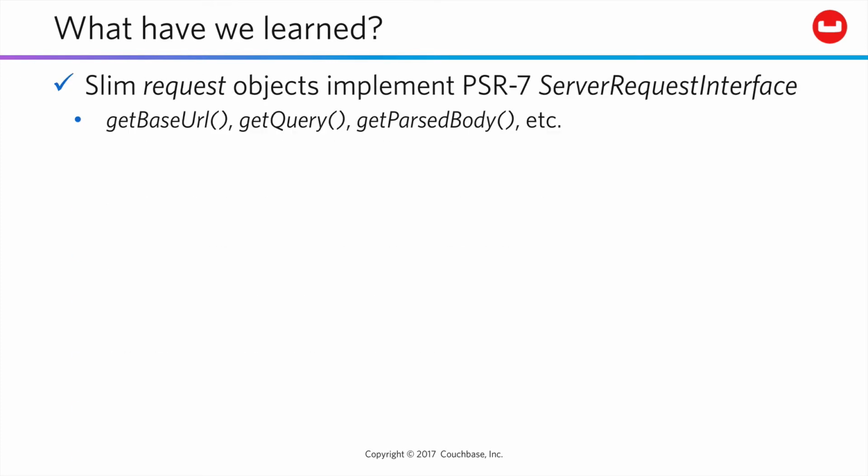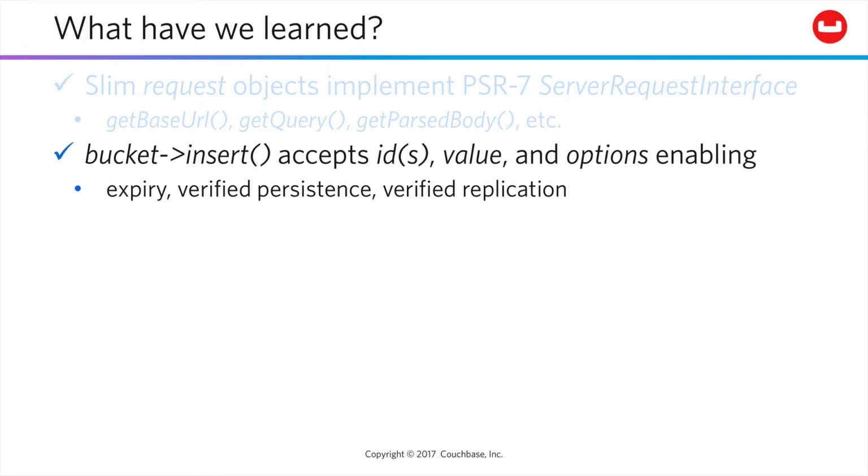So what have we learned here? First, we saw that Slim request objects implement the PSR7 server request interface. This exposes a series of methods, including getParsedBody to grab the JSON and make it easily available to you from the request. We saw how the insert method accepts one or potentially more IDs, as we'll see ahead, and then the value or values.